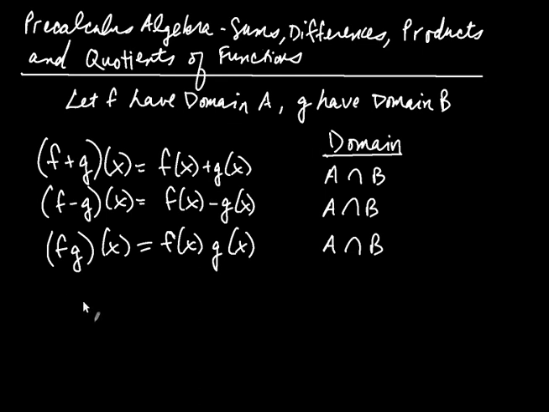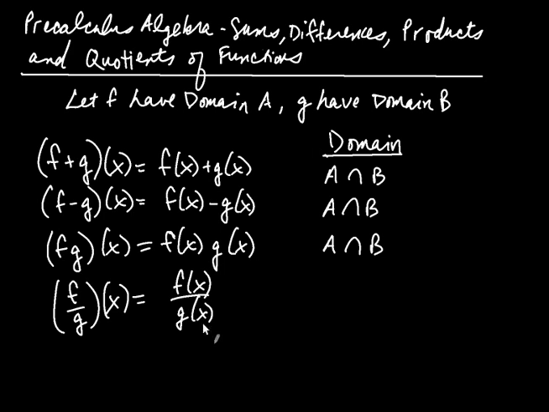And the only one that's different is the quotient. So if you want the quotient of f and g, what you do is you do what you think you do. That is, you take f, the rule for f, and you divide it by g. And it's true that you need both of those to be defined, right? You need numbers for which both f and g are defined. But there's another issue here, and it's that sometimes you can have a value where g is defined, but the value of g is 0.